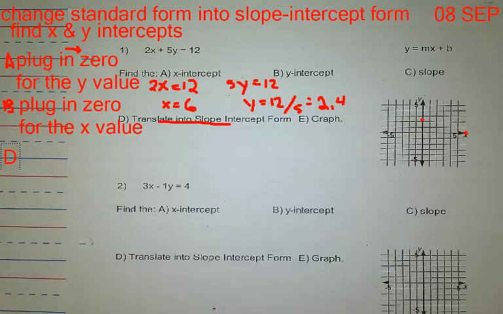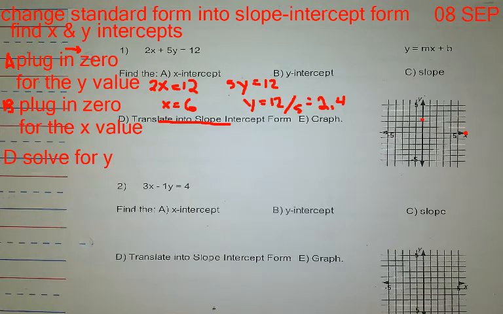So to translate, I have to get y by itself. So I'm going to say get y, or maybe the better way would be solve for y. Solve for y. Okay? How do I do that? Well, all I have to do is move the 2x to the other side of the equation.